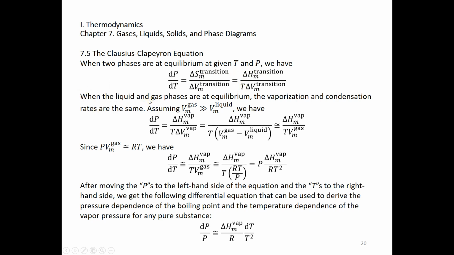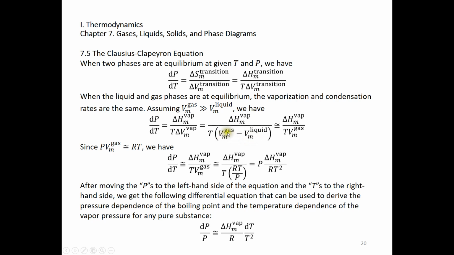Now let's look at two specific phases, liquid phase and gas phase. If there is equilibrium, we can derive this equation further. So first, dP over dT is the molar enthalpy change over T times molar volume change, and then we can actually estimate this molar volume change. Assuming the process is from liquid to gas, it's called vaporization, and then this change in molar volume is the molar volume of gas minus the molar volume of liquid.